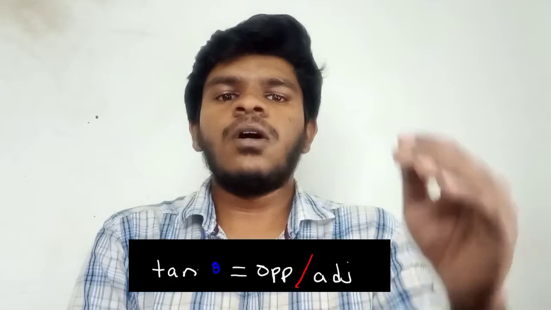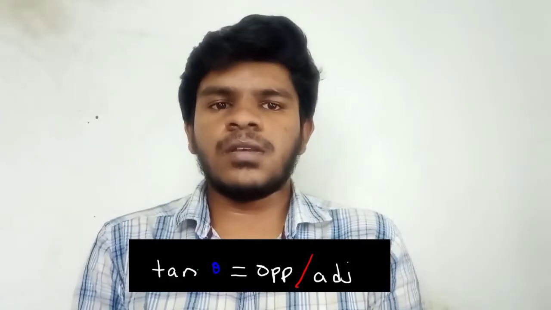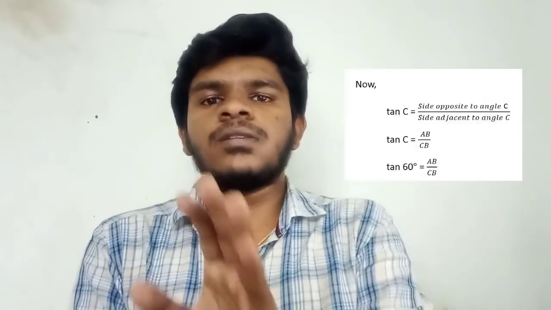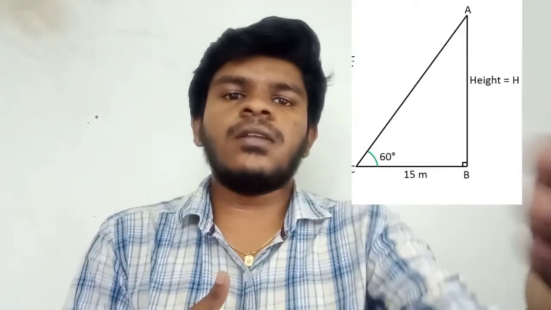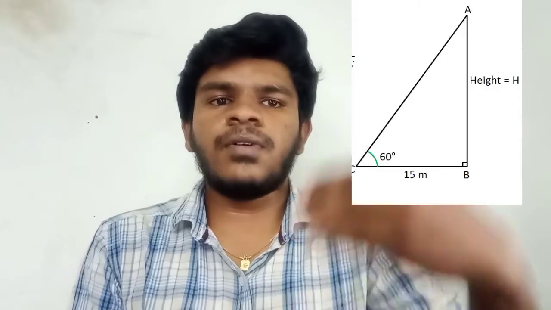As we learnt in the ratios, tan theta is equal to opposite side by adjacent side. The opposite side is the height of the tower, which we have to calculate, and the adjacent side is the distance between myself and the tower, 15 meters.